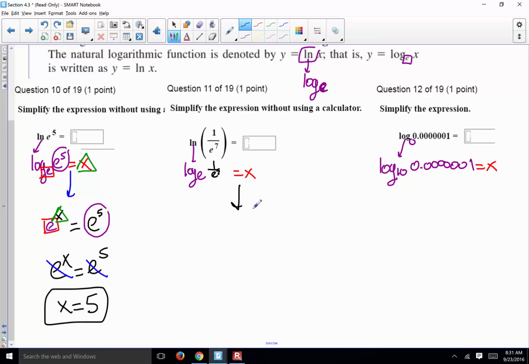Here, change this. Box, prisoner, triangle. e to the power of x equals 1 over e to the 7. Yep, e to the power of x equals 1 over e to the 7. We have the same situation. This is just a non-fraction numerator, the whole thing.